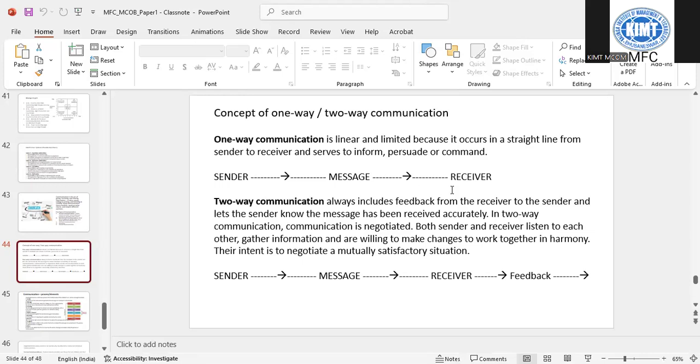That means when you are sending a message to the receiver, the receiver is sending back or confirming that I received the message, with feedback or any means in a different communication style.